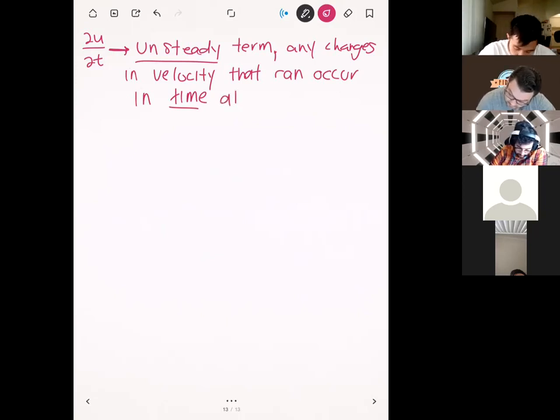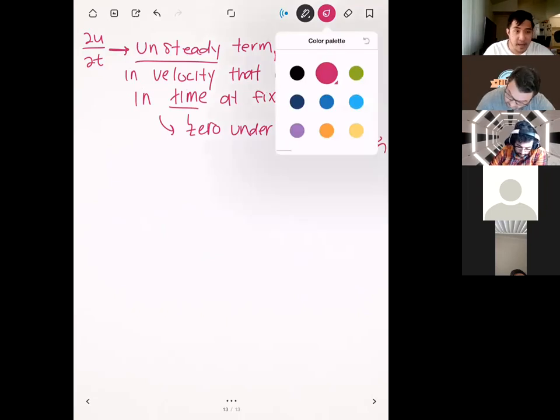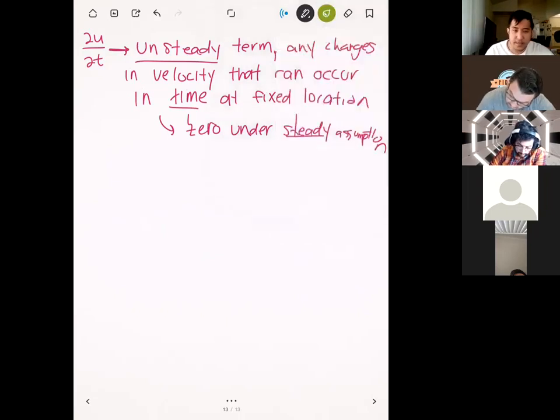We're going to do the same thing that we did with RTT: 99% of the time, at least in this class, we're going to assume that this is 0 under the steady assumption. If you have steady flow, then any time derivatives are going to be 0. That applied with RTT, and it's going to apply here as well.